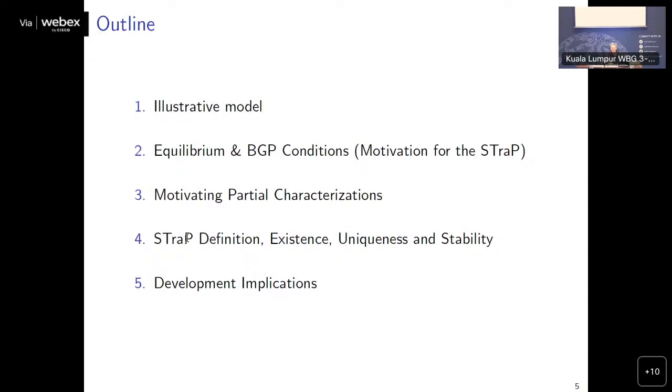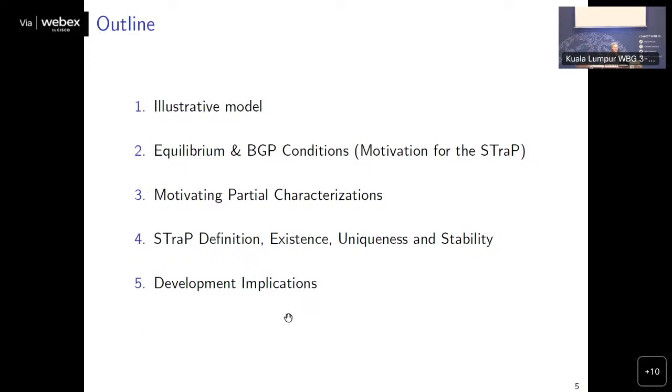As an undergrad, he was helping us prove the existence and uniqueness of this equilibrium concept. So we'll define it, and I'll show you the stability properties, but I'll skip over the existence and uniqueness. You can trust me. Danny's a smart guy. And then I'll show you the development implications.